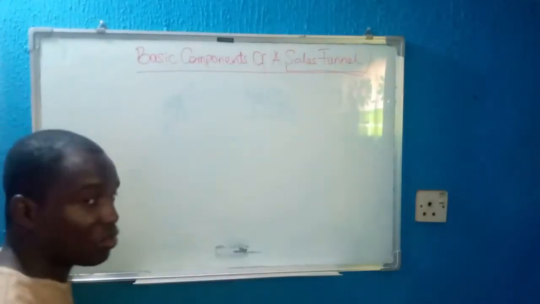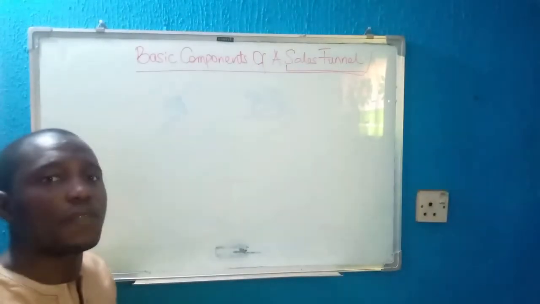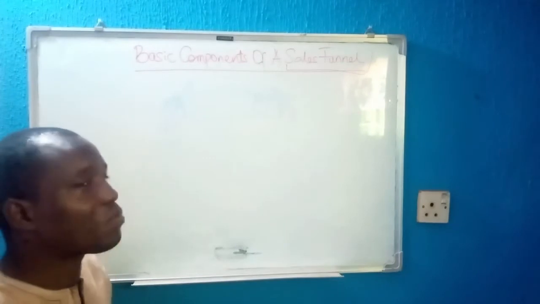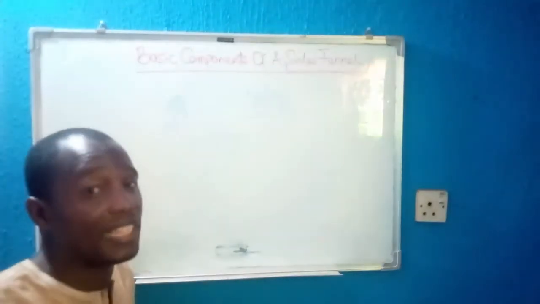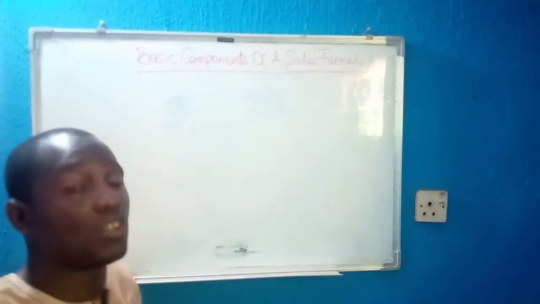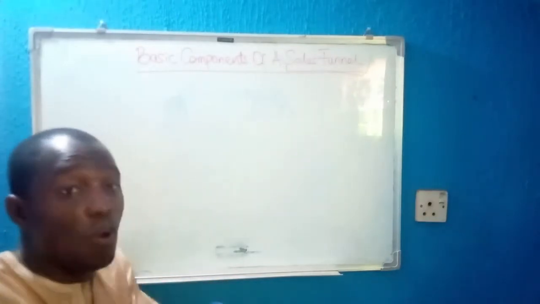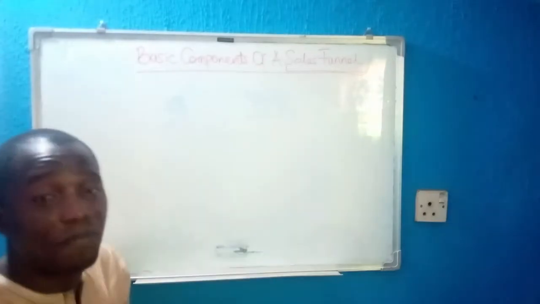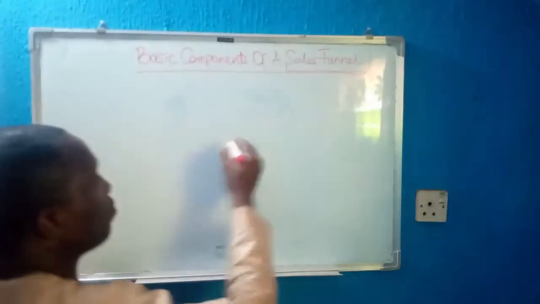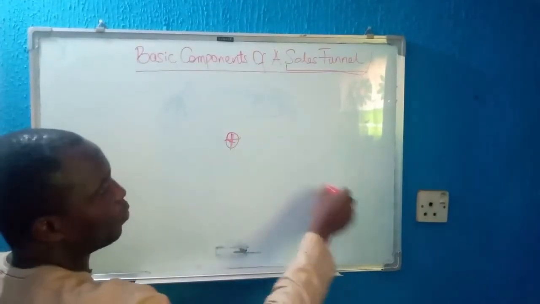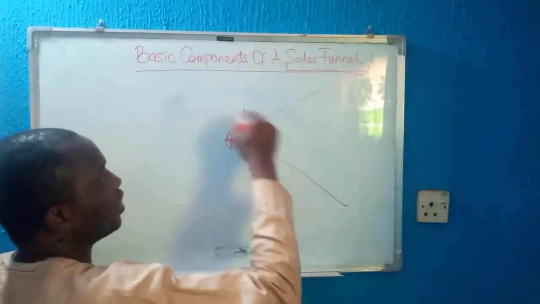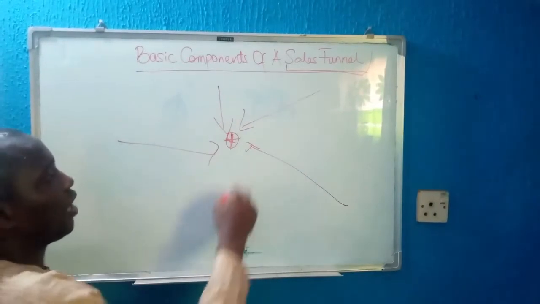Now, let me point out to you that a sales funnel comes in various varieties, in different forms. It can be very simple and it can be very, very complicated. A sales funnel is what you make of it, but there are some basic components that you will find in every sales funnel. For example, if I'm going to this particular location, I can approach it from this angle, from this angle, from this angle.